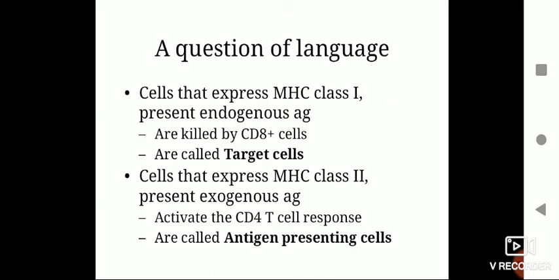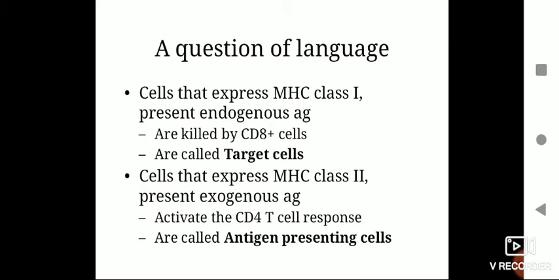So here is a brief picture of what is happening. Cells that express class 1 MHC molecule present only endogenous antigen and are killed by the CD8 plus cells, or the cytotoxic T cells. Hence they are called the target cells.